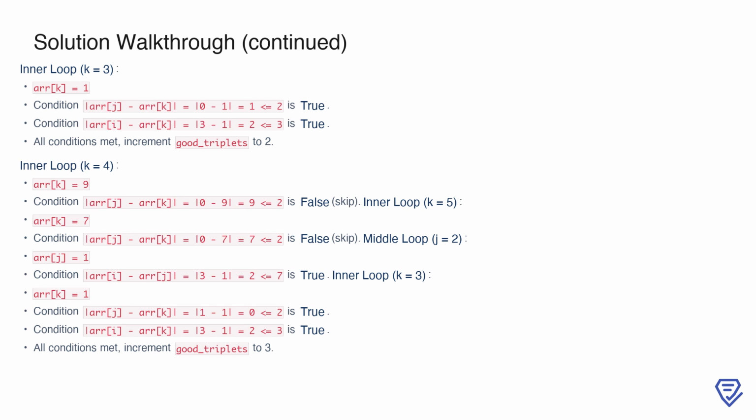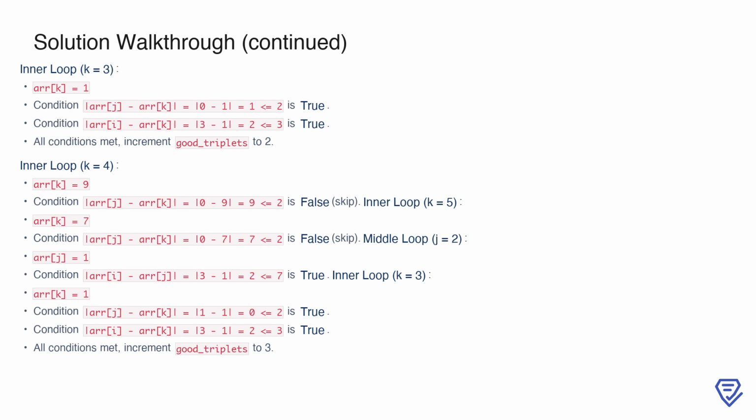Moving to k equals 4, where arr[k] is 9, we calculate |0 - 9|, which equals 9. This exceeds b, 2, so we skip further checks and continue to k equals 5. Here, arr[k] is 7, and |0 - 7| equals 7, which also exceeds b, so we skip again.